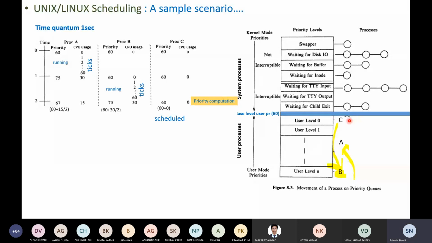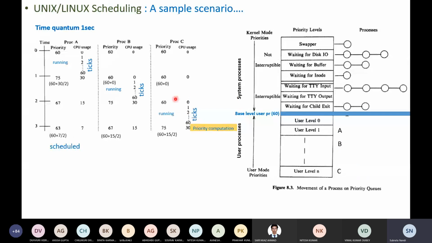Now C is scheduled because it is the topmost process in the queue hierarchy, the queue levels. After that, this becomes this. Because only this one accumulates, nobody else accumulates, so that will be the change. As you can see, first A, B, C, then again it's the turn of A. So actually it is a round robin kind of thing, but round robin not in a single queue.